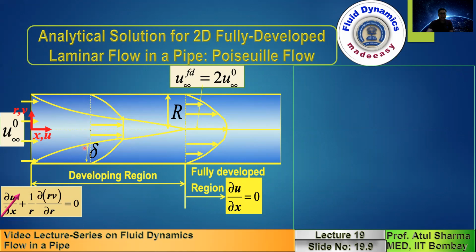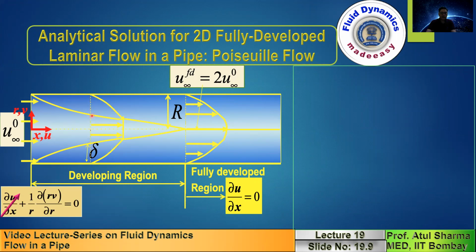Let us suppose at this axial location, the change in the product of the radius and the radial velocity on a vertical line in a horizontal pipe is 0. On this vertical line, we know the v velocity at certain locations.